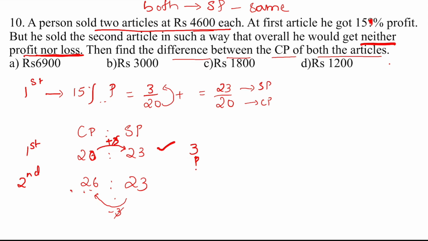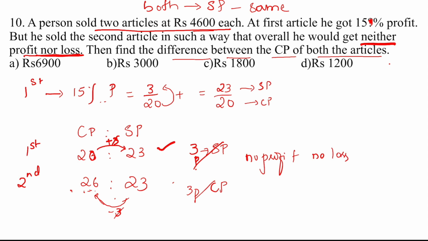If I sell it at 26, the difference is 3 parts. Here selling price is more by 3 parts, and here cost price is more by 3 parts. So both get cancelled and there will be no profit, no loss. This condition is satisfied.